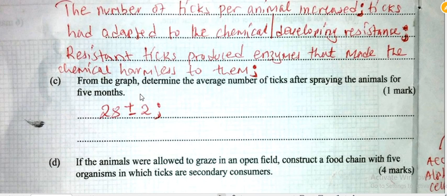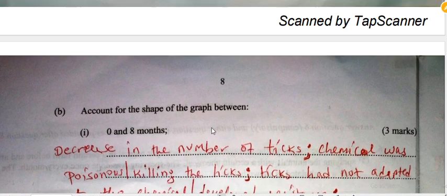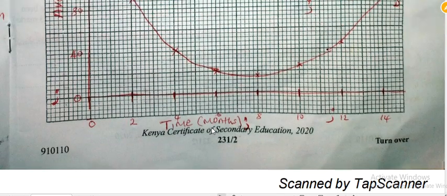From the graph, determine the average number of ticks after spraying the animals for 5 months. You need to look at it here. The 5th month is here, then you can approximate.